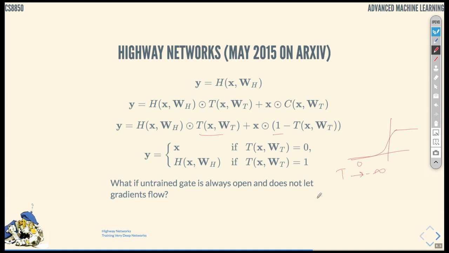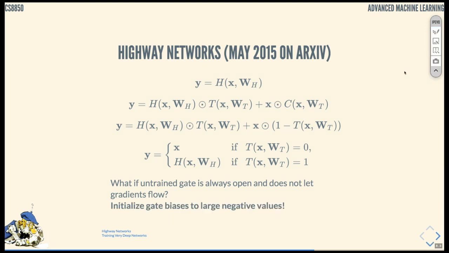Tends to infinity. So the suggestion is simple. Let's initialize a large negative bias. And then eventually the network, after passing the error all the way back, will train the correct transfer gate.